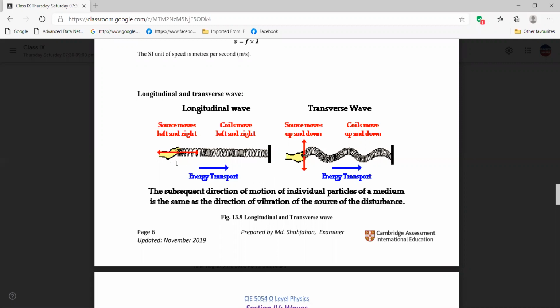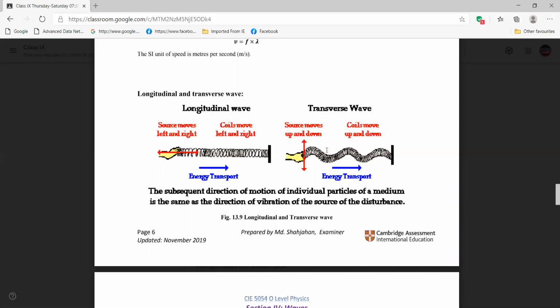We are giving the energy here, but energy is transferring to the right side. So if the particle's vibration is forward and backward with the energy transfer direction, then it is called longitudinal wave, right?